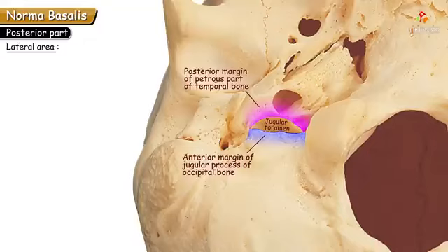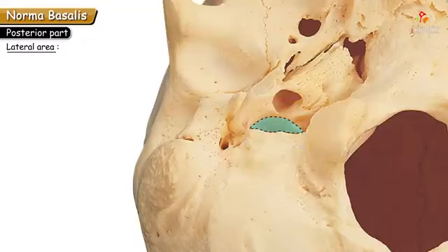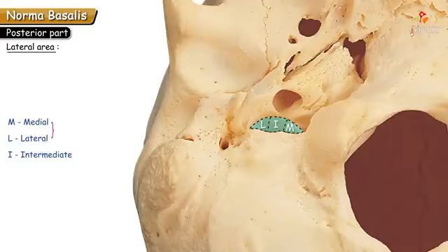It is called jugular because the internal jugular vein passes through this foramen. Now we will see the structures passing through it. To learn in an easy way, we will divide it into 3 parts: medial, intermediate and lateral. Medial and lateral parts we will remember as venous compartments, and the intermediate one is the nervous compartment.